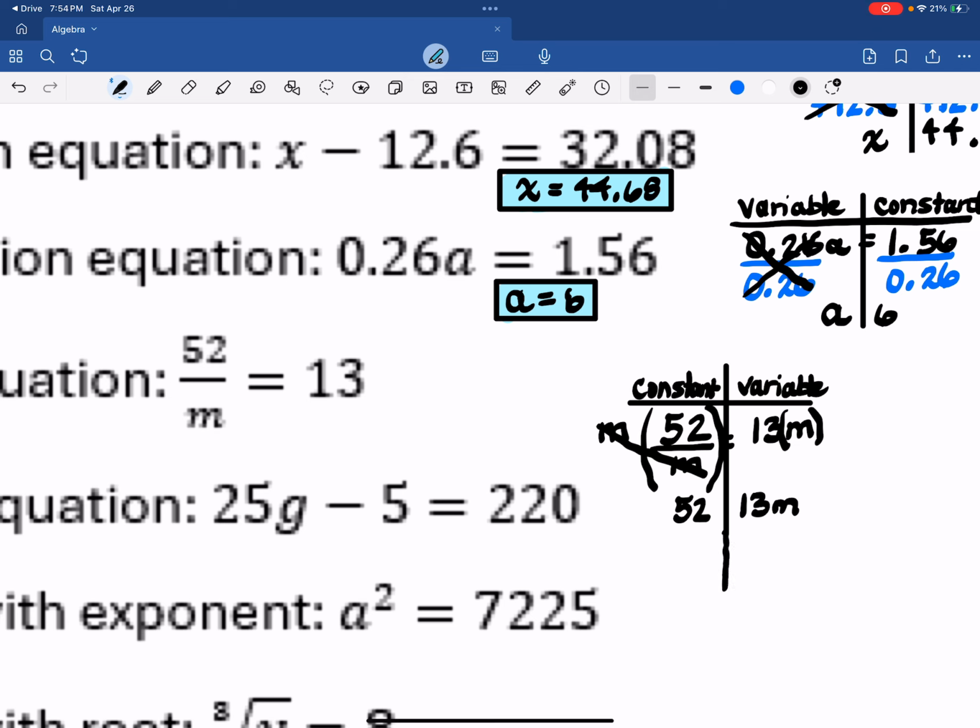And we still have a term on the wrong team. Who's on the wrong team here? Is it the m or the 13? It's the 13. So I'm going to divide it out.